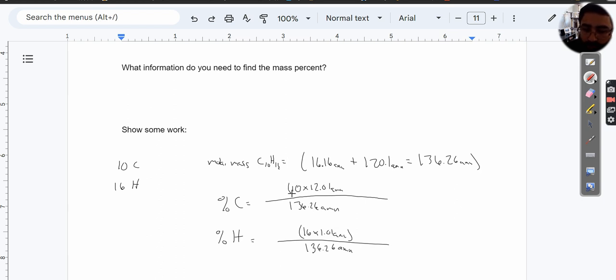Now, you just put this in our calculator. We've already done the math for those. It's up here at the top. So for the carbon, I'm going to do the 120.1 divided by 136.26. And I always forget to multiply by 100. Do not forget that.